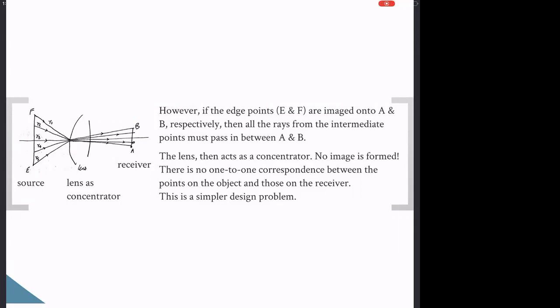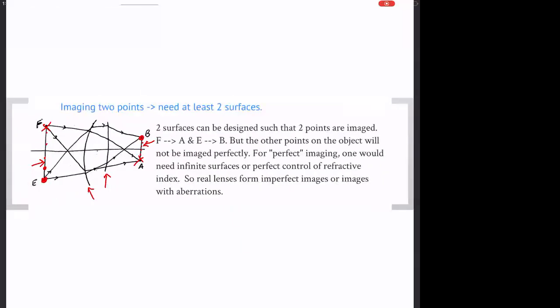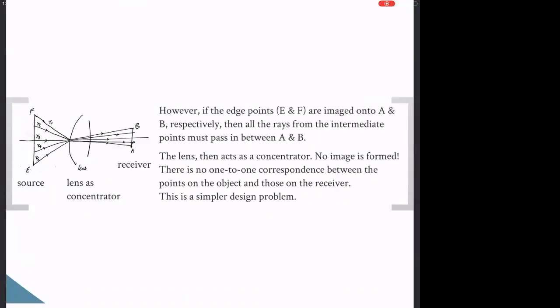Now, going one step further, if you think about the lens as a concentrator, okay? Now, we define these two surfaces here, and we are going to call this a lens. And we design this lens such that rays from E end up at B, and rays from F end up at A. And I told you, rays in between can end up anywhere in between.